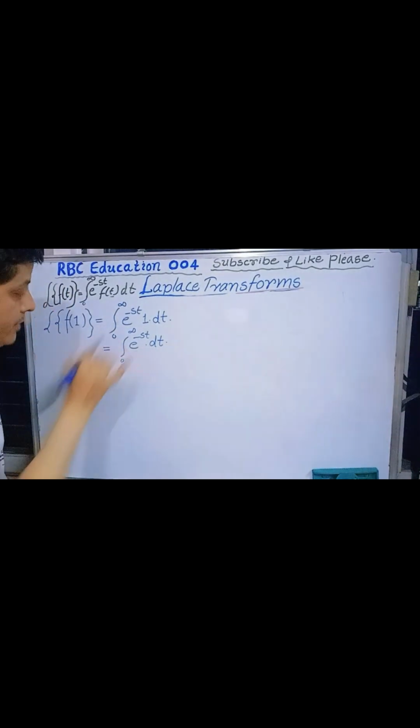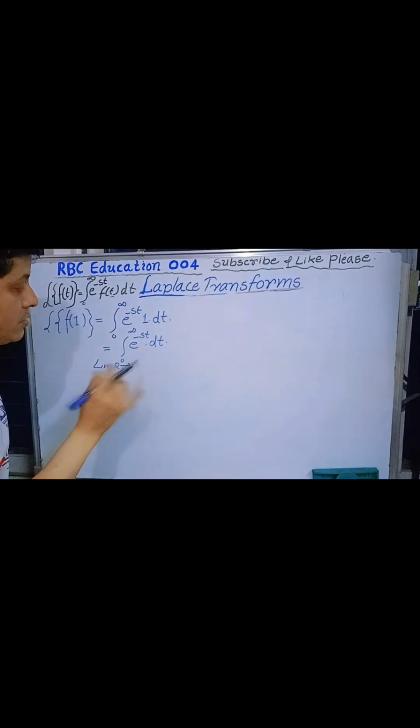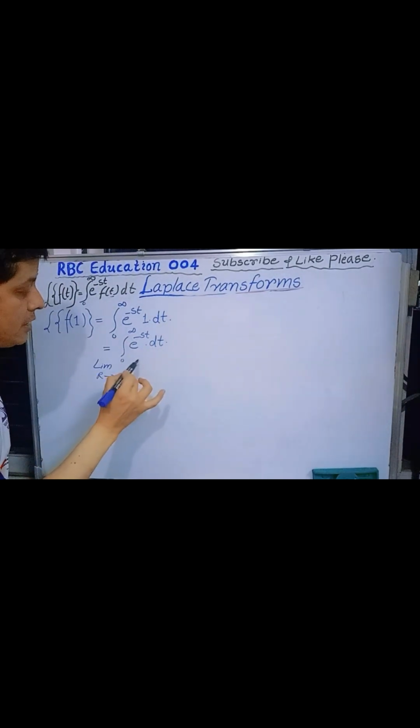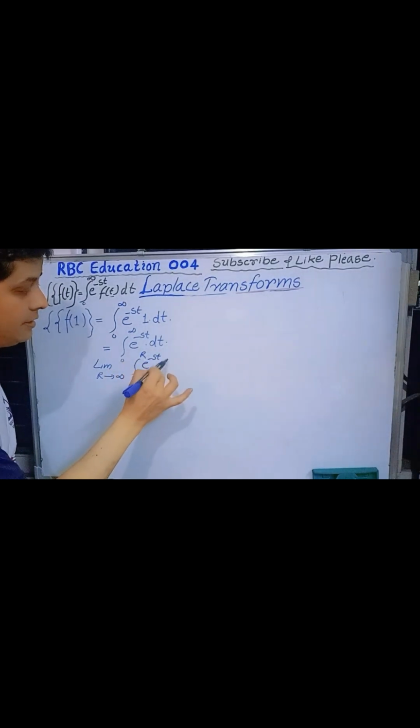We put the limit r tends to infinity, because here there is infinity, then we get the limit of the integral from 0 to r of e to the power of minus st dt.